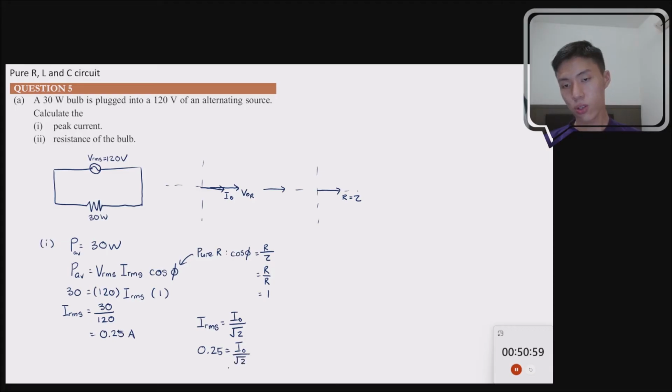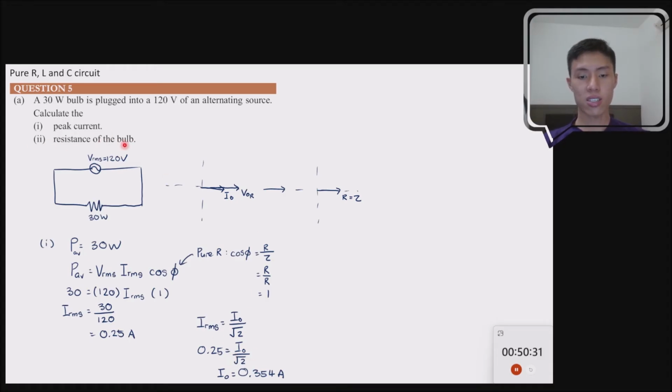So from here you get I0 is equal to 0.25 times square root of 2, which gives 0.354 ampere for I0. So that's the peak current. Just make sure the peak current, because it's maximum, is always bigger than the RMS value. The maximum should always be bigger than the RMS value, so this makes sense over here.